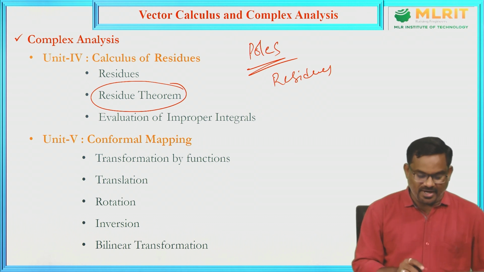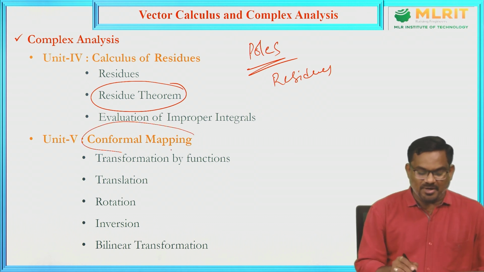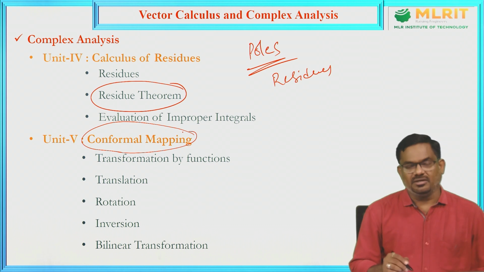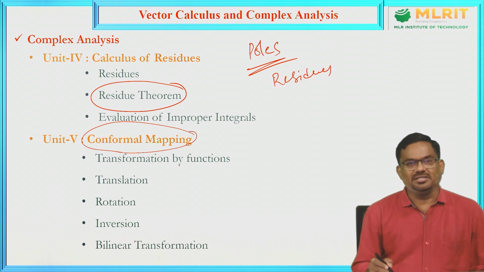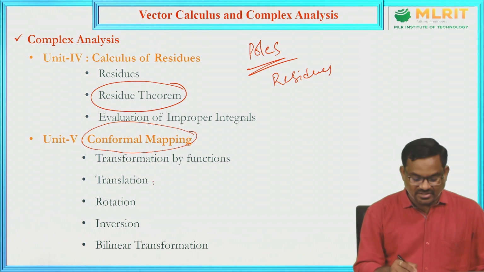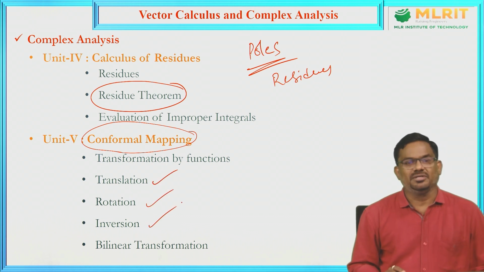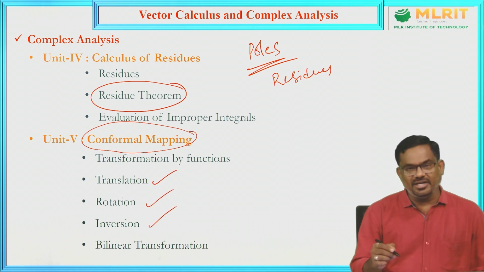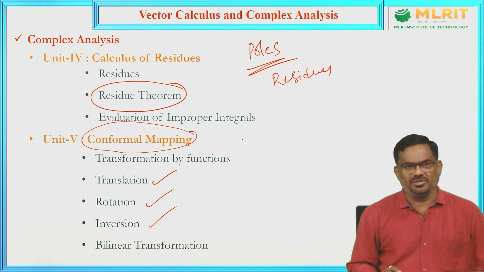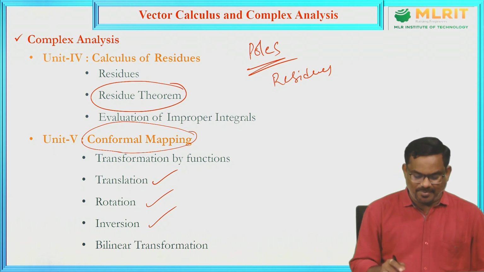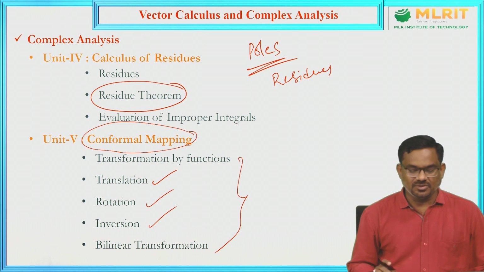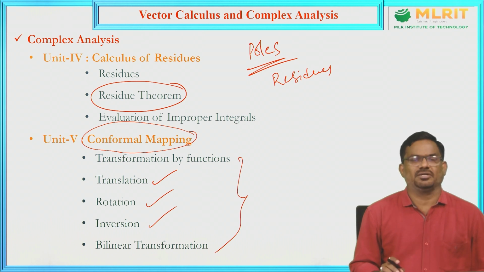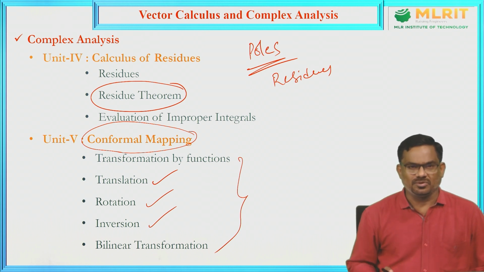And unit 5 is conformal mapping. Here we use transformations by some particular functions: translation, rotation, inversion, and also linear transformation and bilinear transformation. In conformal mapping we are going to discuss these concepts. So this is about the topics that we are going to discuss in this course.